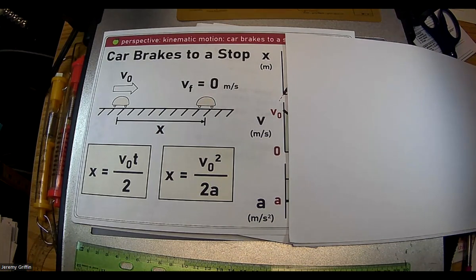My car brakes to a stop. Who's going to figure out what these graphs look like? Who's going to get them? Got to get at least one winner. Oh, wait. All right, Patrick just figured out the V versus T. Adam figured out the V versus T. Let me take one more trip around, see if I can get some more winners. Ooh, close.